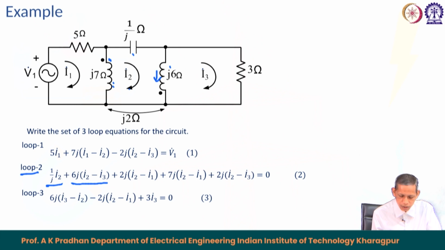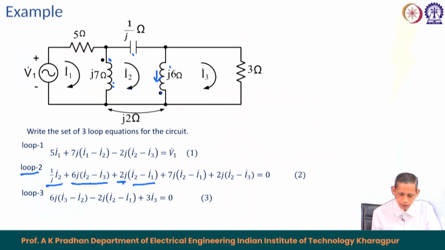So, I write the corresponding J 2 times I 2 minus I 1. Otherwise, you can write I 1 minus I 2 downward, which means minus 2 J, and it comes out the same. So, I am writing I 2 minus I 1 going upward, and that current is leaving the dotted terminal, and here I 2 minus I 3 is leaving the dotted terminal.